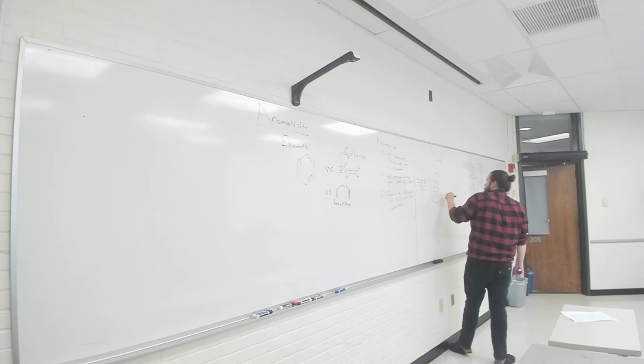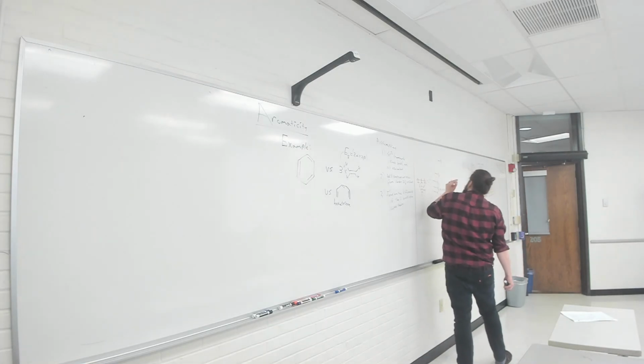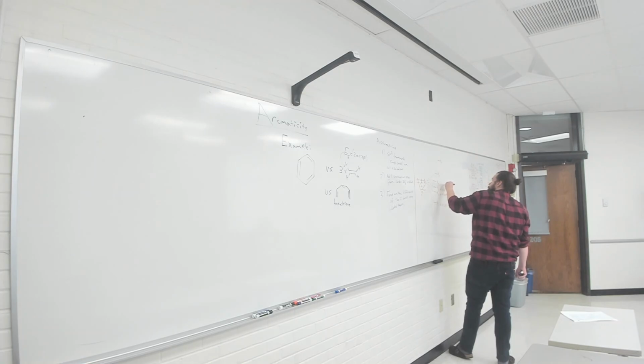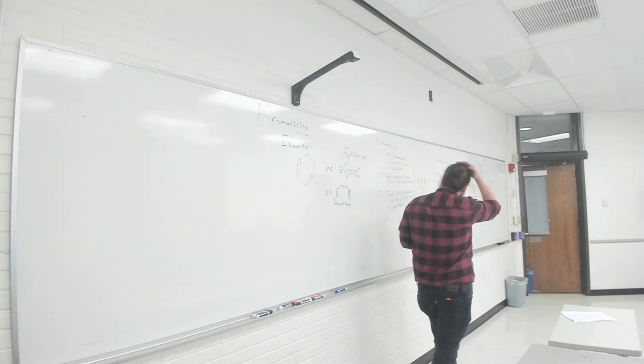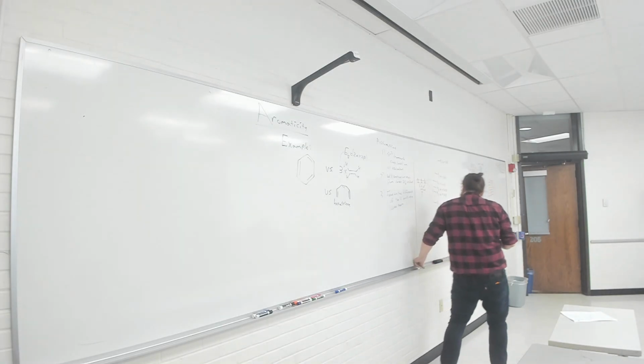This one is alpha plus 1.24 beta. This is alpha plus 0.47 beta. And then the rest of them are negative. Alpha minus 0.47 beta. Alpha minus 1.24 beta. And alpha minus 1.8 beta. Okay, so those are our 6 molecular orbitals, and we can draw them very quickly, very easily.